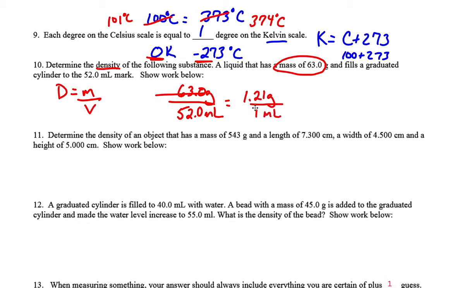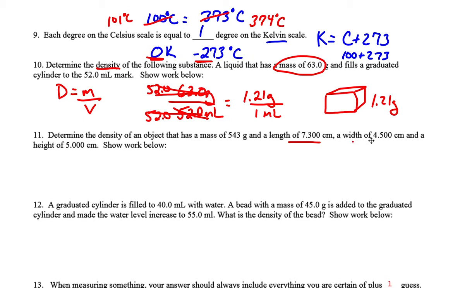And it's really 1 milliliter, because you're really dividing 52 by itself, and then whatever you do to the bottom, you do to the top, 52 into 63. So that's how you get 1.21 over 1, because these two cancel out. So if I had 1 milliliter, or if I had 1 cubic centimeter of this stuff, it would weigh 1.21 grams.